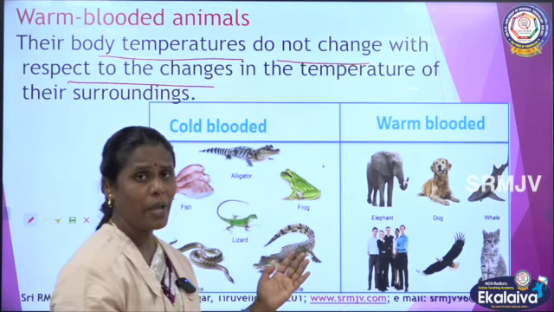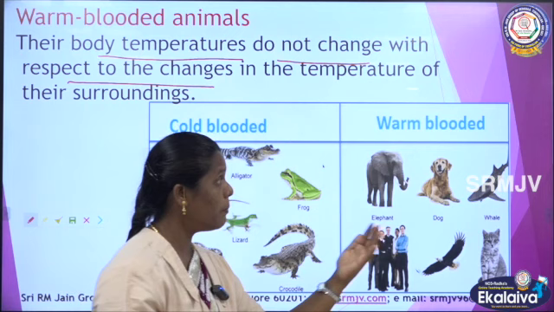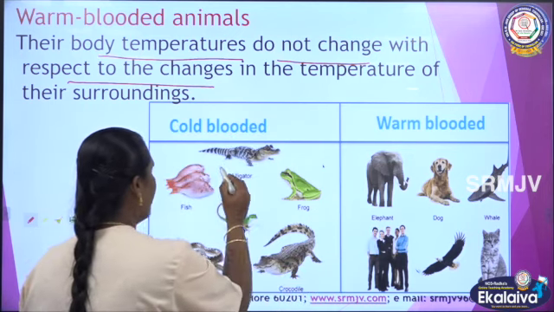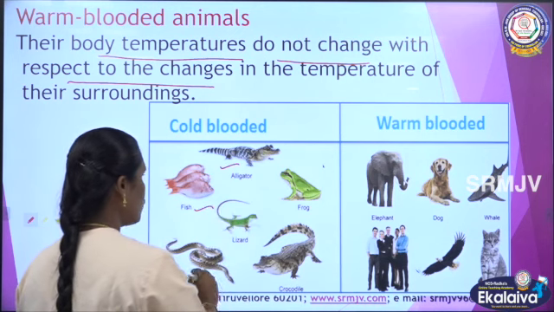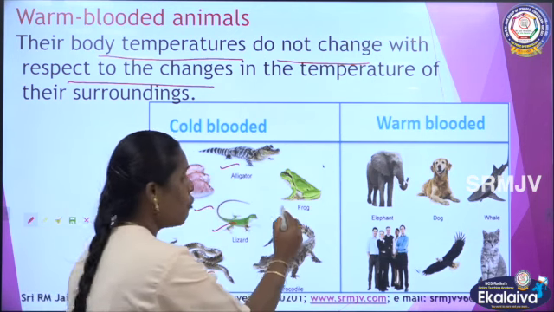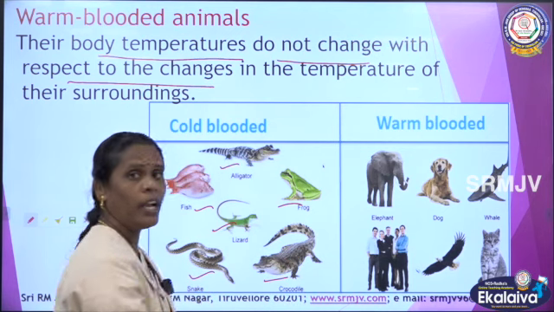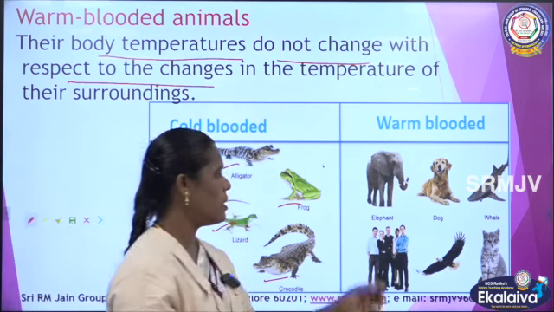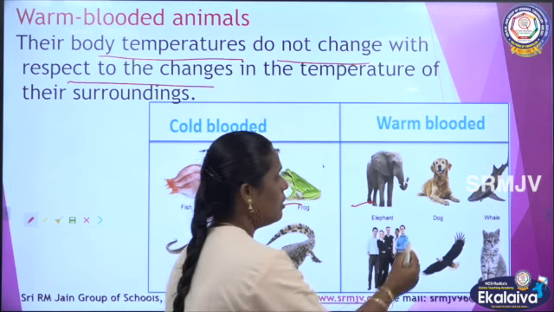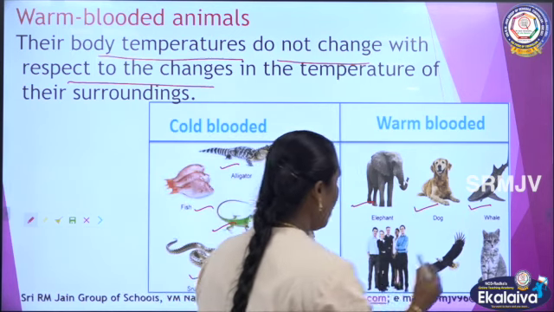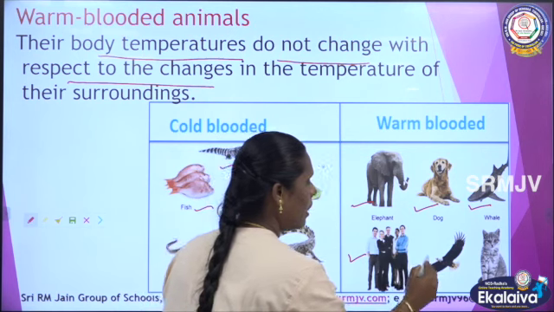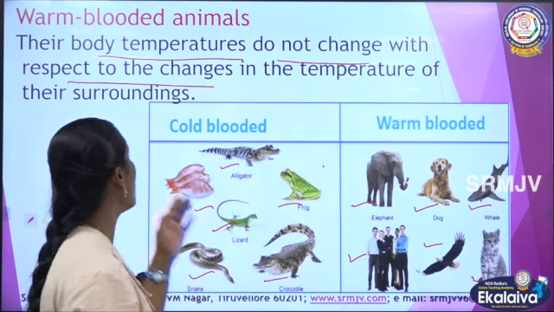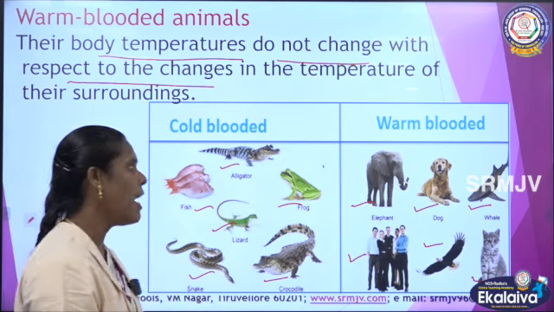Here you can see some examples of cold-blooded and warm-blooded animals. Alligator, fish, snake, lizard, frog, crocodile are examples of cold-blooded animals. Next, elephant, dog, whale, human being, vulture, cat are examples of warm-blooded animals.